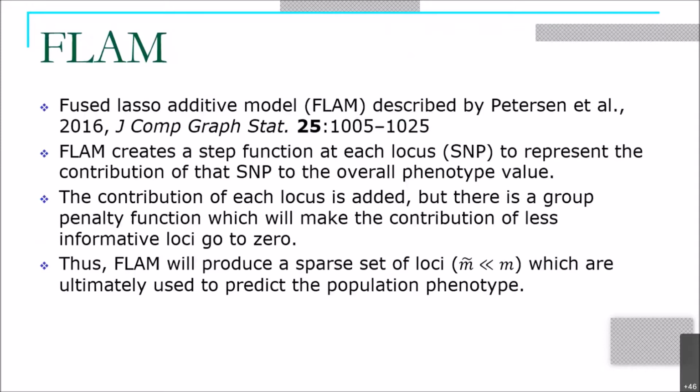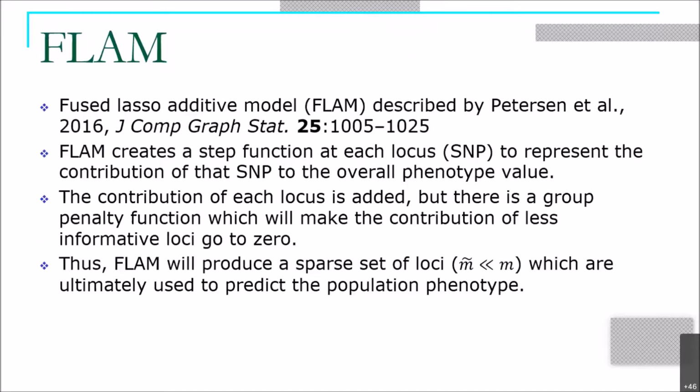Then across all genomic sites, or in this slide called locus, the contributions are added. And the key feature of both the step functions estimated per locus and all of the loci that you add to your model stepwise is that there are penalty functions which penalize the gratuitous addition of steps in your step function per locus and additional loci as you go through your entire genome worth of data.